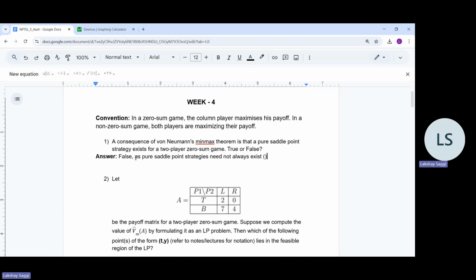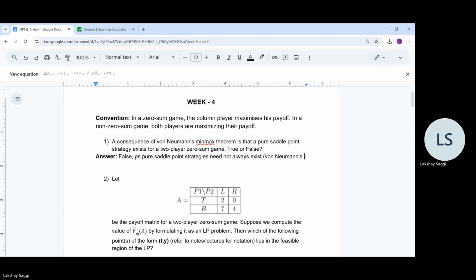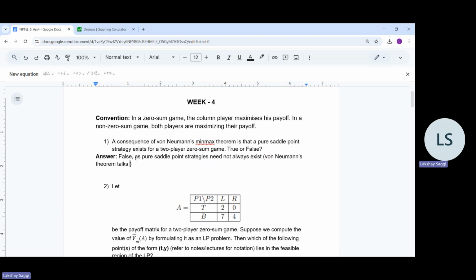And just to quote, von Neumann's theorem also talks about the existence of strategies, but it talks about the existence of mixed saddle point strategies.